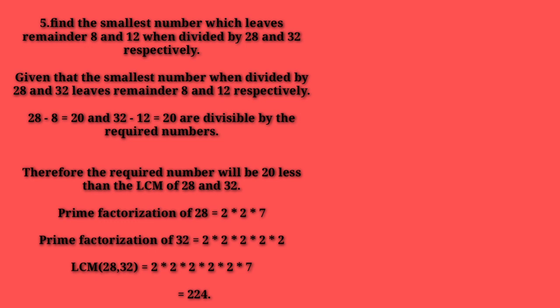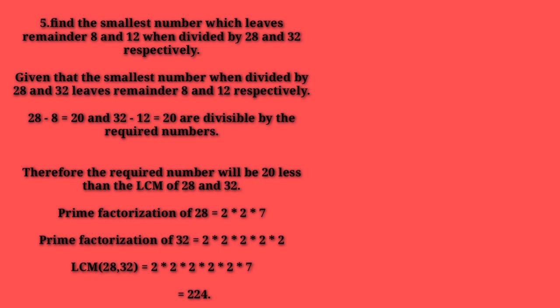So 224 is such a number which is divisible by 28 and 32. If you divide 224 by 28, you will get remainder 8, and if you divide by 32, you will get remainder 12. Okay students, let us repeat once again.